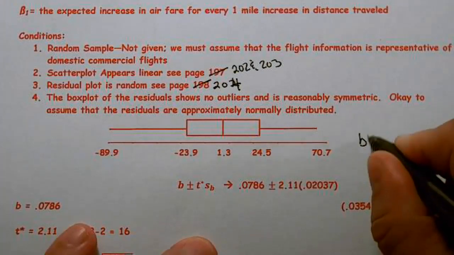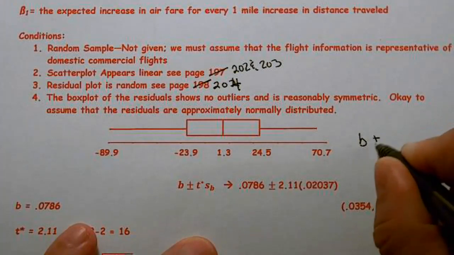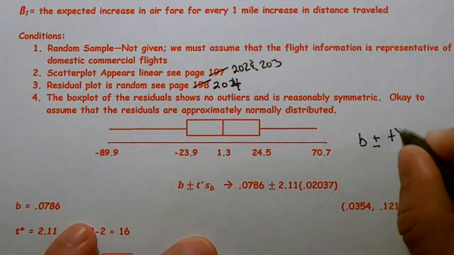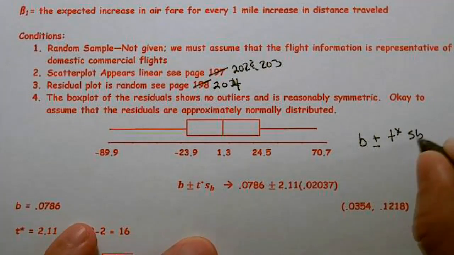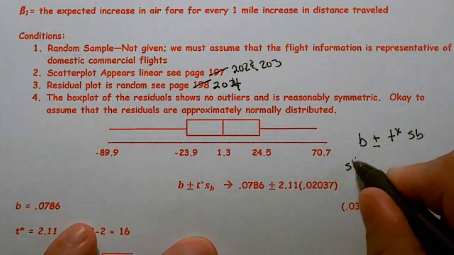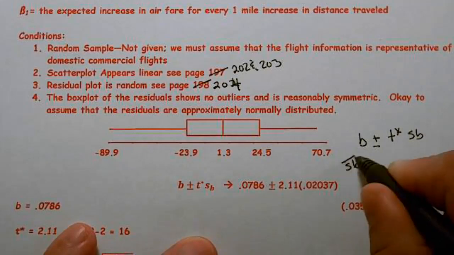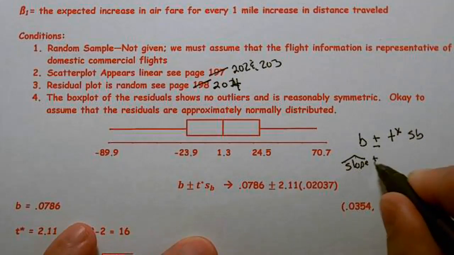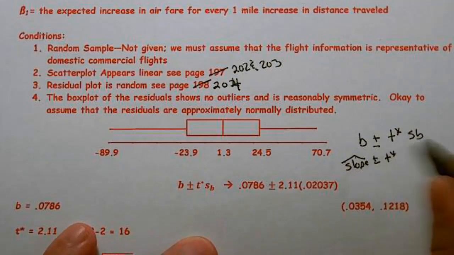Well, the confidence interval for slope is basically b, our actual slope, plus or minus t star times s_b. b being the sample slope, put a hat for sample, plus or minus t star, we'll have to calculate that, and then the standard error of the slope, which we pulled from the table.